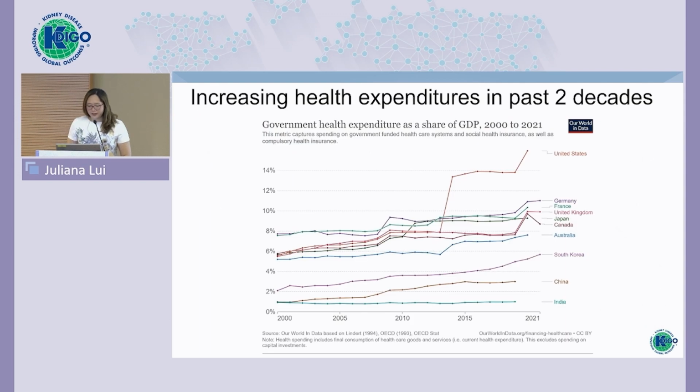So globally, there's an increasing trend in healthcare expenditures in the past 2 decades. This graph looks at how healthcare spending as a proportion of the country's GDP has varied over the last 20 years. Healthcare spending as a proportion of the nation's wealth has been increasing.